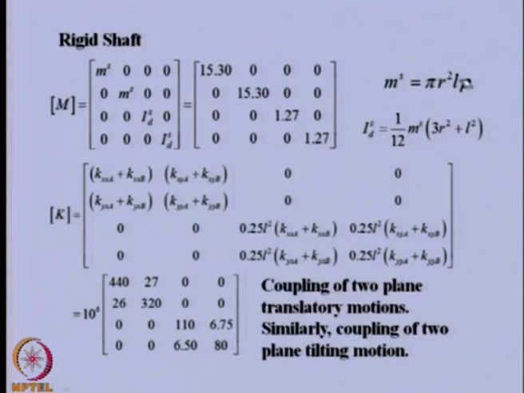Because we have all the geometry and material property of the shaft, we can get the mass and the diametral mass moment of inertia of a cylinder, which is a rotor, given by this, where r is the radius, l is the length of the rotor, and m is the mass of the rotor, which we can get from here. Rho is the density of the material, L is the length of the shaft. So, from this we can form the mass matrix.